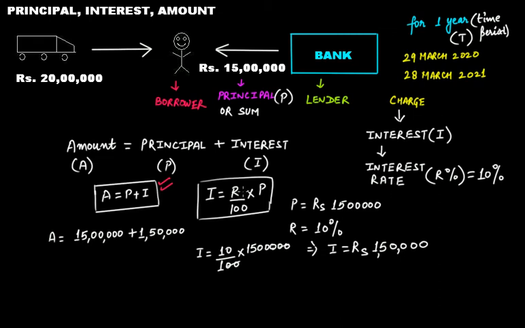Then you can calculate the interest using rate percent and the principal amount. So you have to pay back this, and if you add this up, A is equal to 16,50,000.